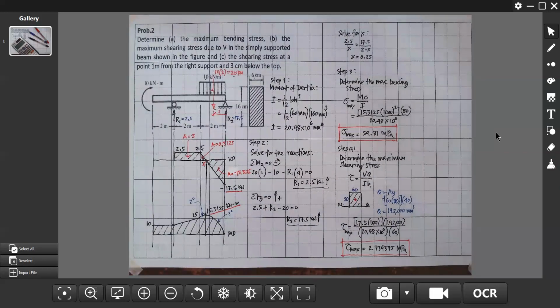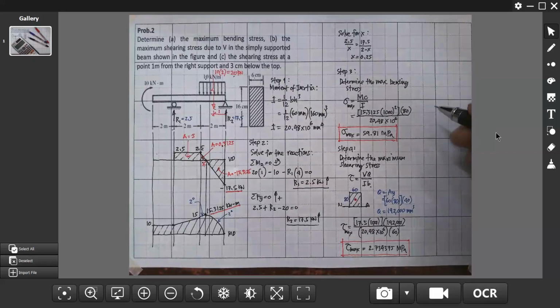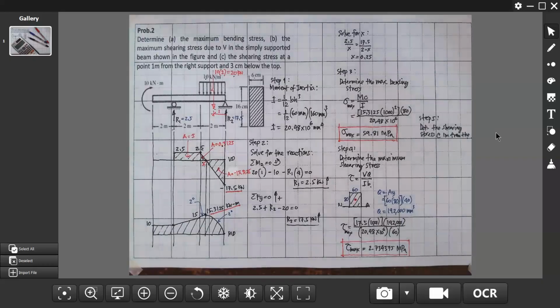Step 5, shearing stress. Determine the shearing stress at 1 meter from the right support and 3 centimeters below the top.